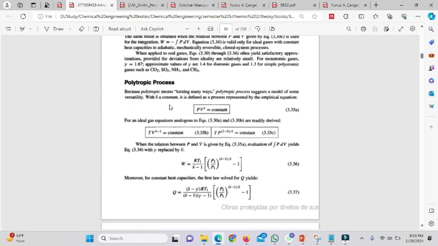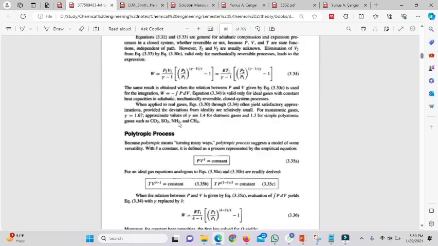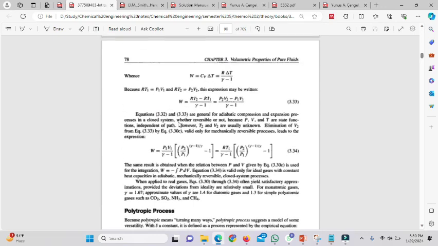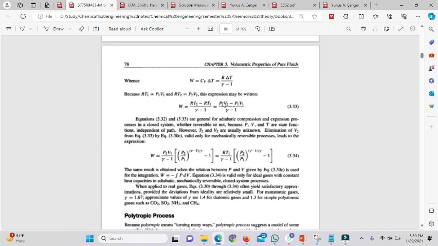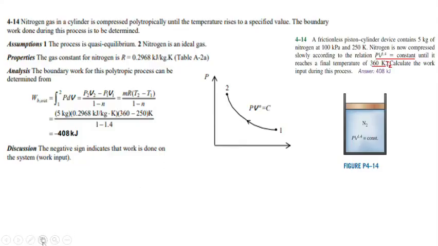As you can see, the formulas for the polytropic process are given. In the case of polytropic processes, you use n in place of gamma. So in this presentation I have used the formula mR(T2 minus T1) over 1 minus n. Okay, just put the values.